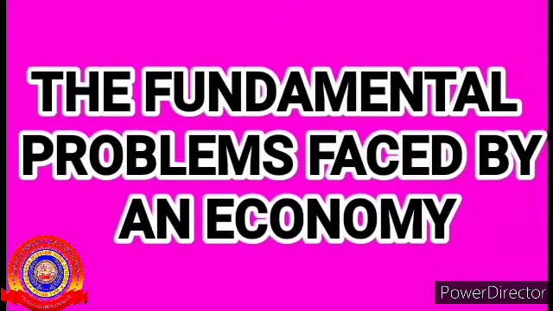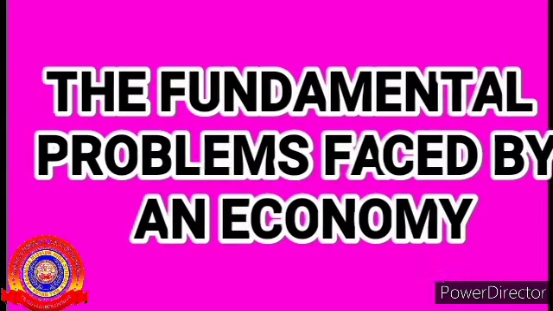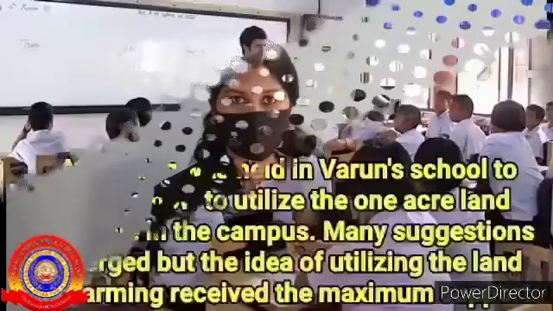Economic decisions are taken by analyzing the basic problems in an economy. Let us see what these problems are. The fundamental problems faced by an economy. Students, please listen to this description.